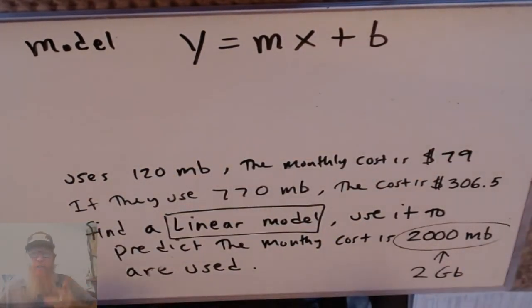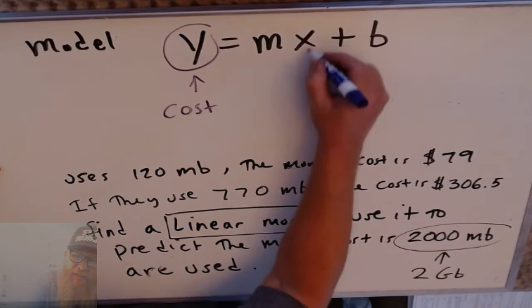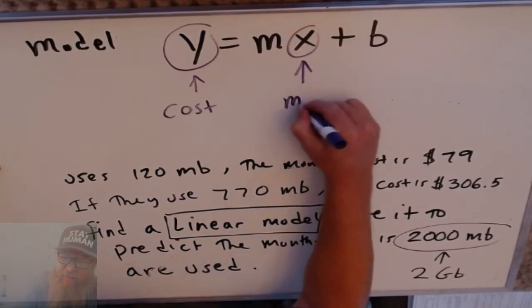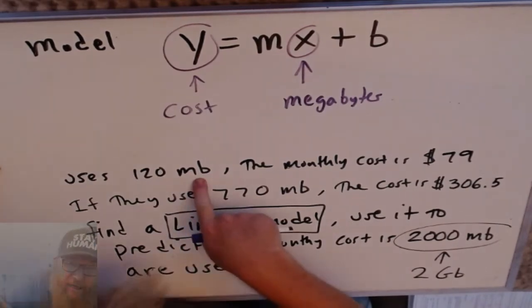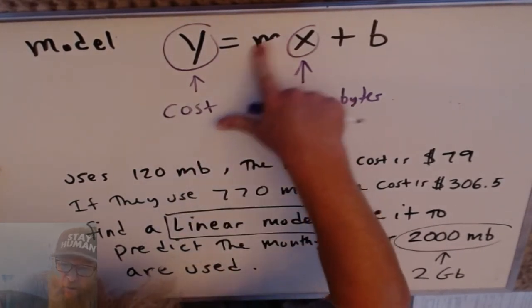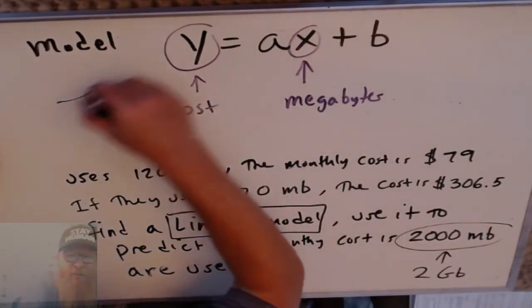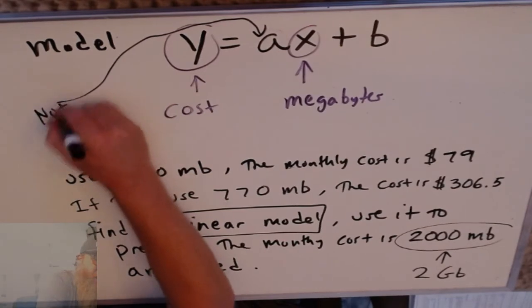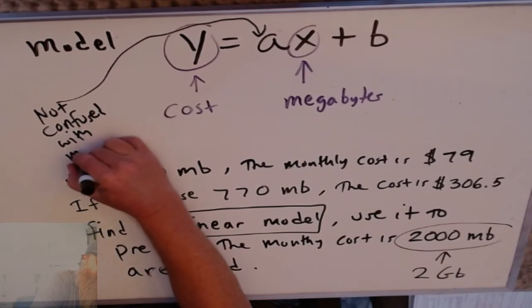We have to decide who's independent and who's dependent. Y is cost. X is megabytes, which is the reason why I changed my mind at the last second, and I didn't want to just call this M because I didn't want it to get confused with this M. So oftentimes, to avoid confusion, we change that to an A so it's not confused with megabytes.